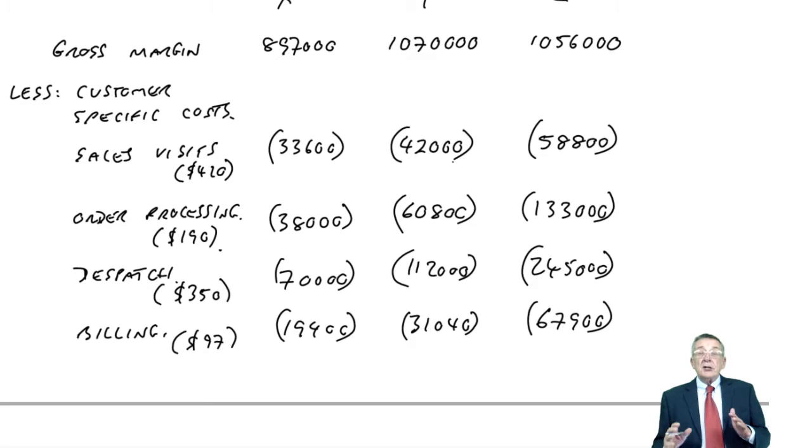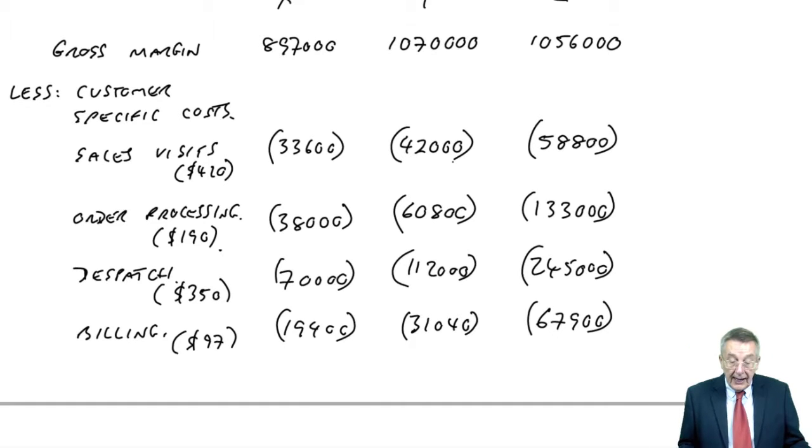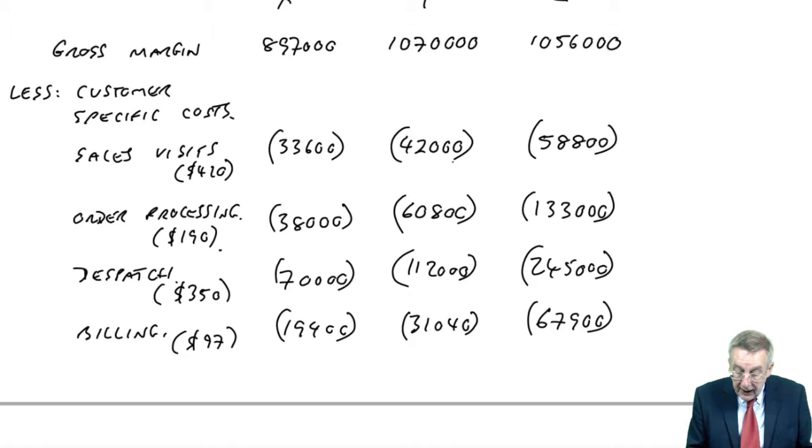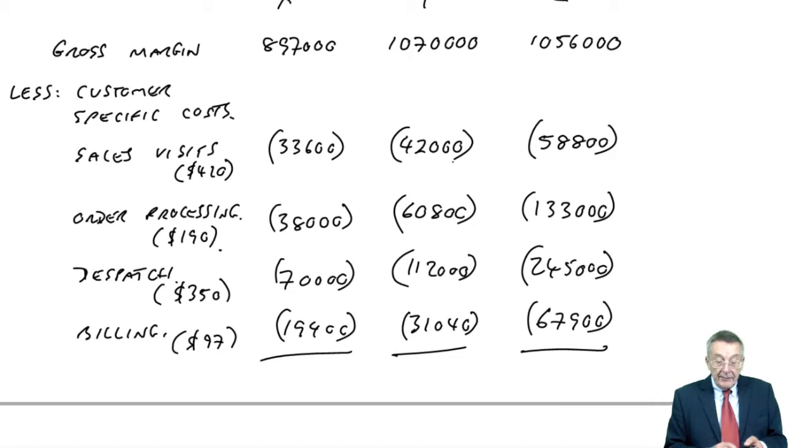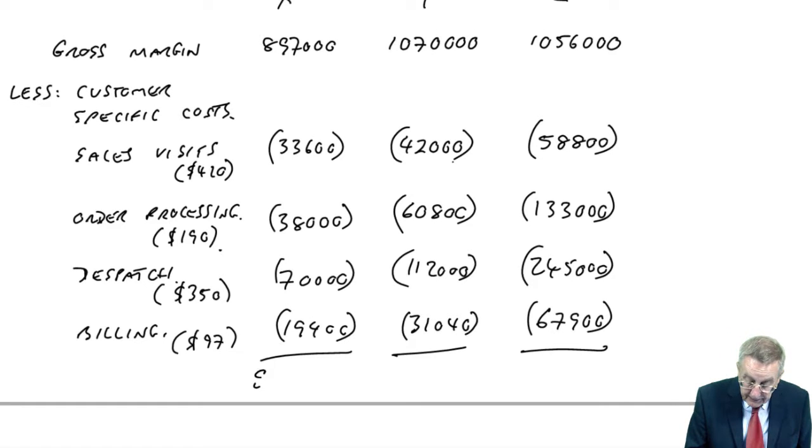Having charged these customer-related costs, we end up with a net margin for X of 897,000 minus 33,600, 38,000, 70,000, 19,400. I get 736,000.